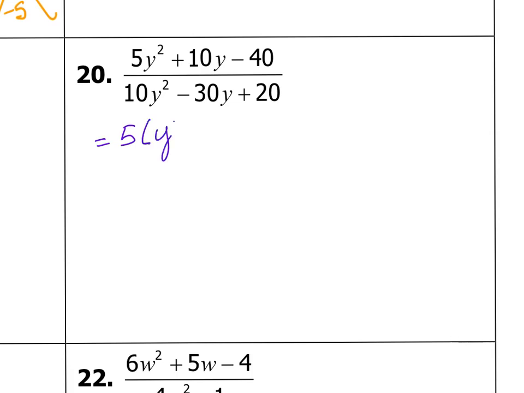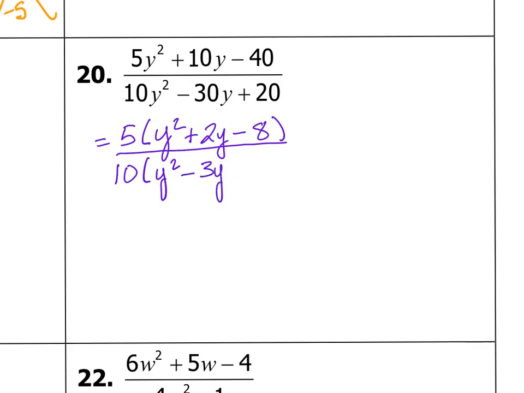And I'll get y squared plus 2y, plus... 5 goes into 40, oh, that's not a plus, that should be a minus 8. 8 times 5 is 40, yes. And all over, 10 goes into all three terms. So 10 goes into 10 once, 10 goes into 30 3 times, and 10 goes into 20 2 times.